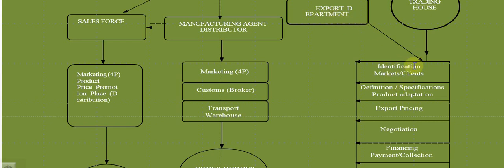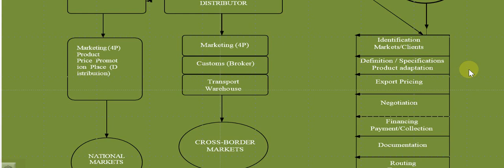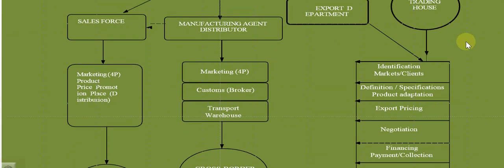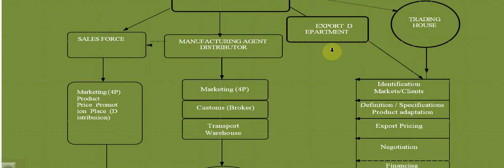As this illustration expresses, the export department and the trading house play the same role. If the export department wants an alternative for this duty, it can choose a trading house as a representative of the trading department.